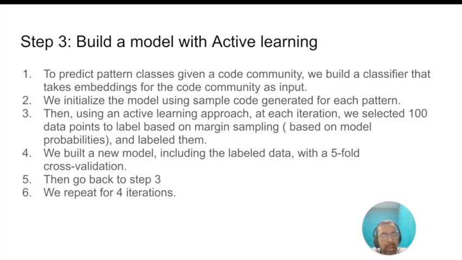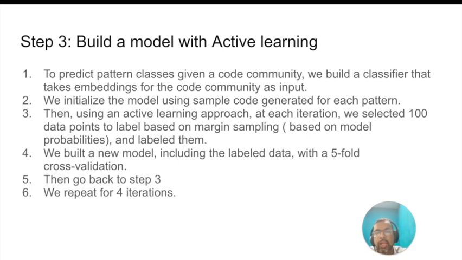From the generated sample code, we first built a model. And using that model, we try to predict which pattern class. There is also another class, so there are these 14 pattern classes and one other class. For each code community, we predict this.